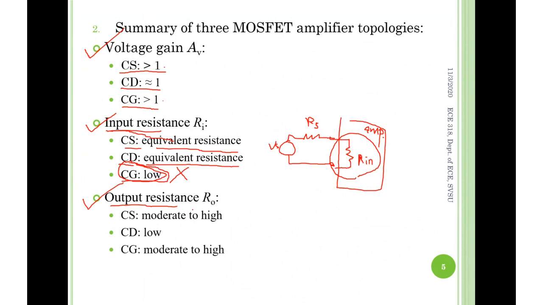The output resistance, what we want: the lower the better, right? The output of the amplifier this time is feeding the load. This is the load.